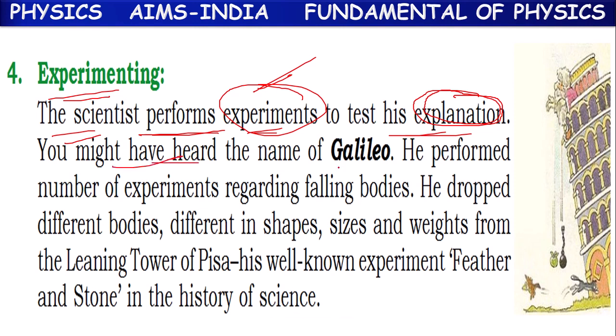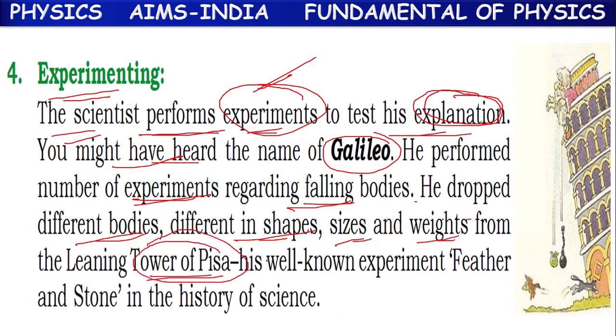You might have heard the name of Galileo. He performed a number of experiments regarding falling bodies. He dropped different bodies, different shapes, different sizes, different weights from the Leaning Tower of Pisa.